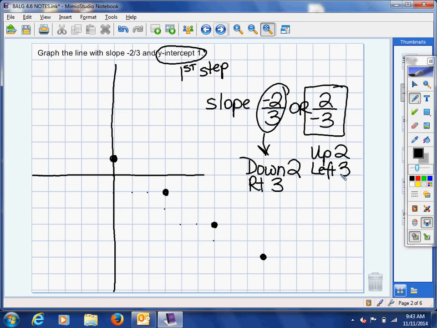So let's follow that pattern and let's see if it lies on the same line as these other points we've already done. So pencil tip back on the y-intercept. There it is. Go up 2, left 3. Mark your point. And I think we're going to run out of room, so I'm only going to be able to do one of those. But hey, take a look at your final result.